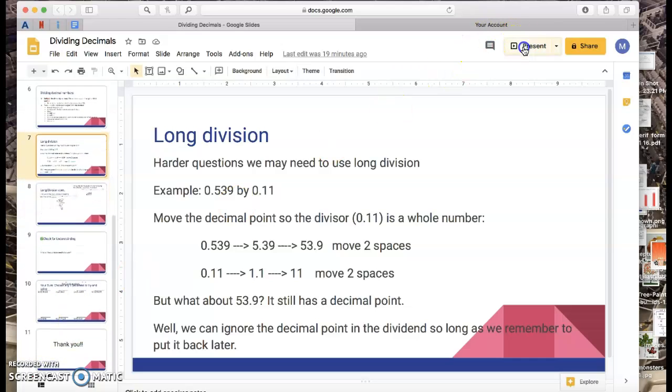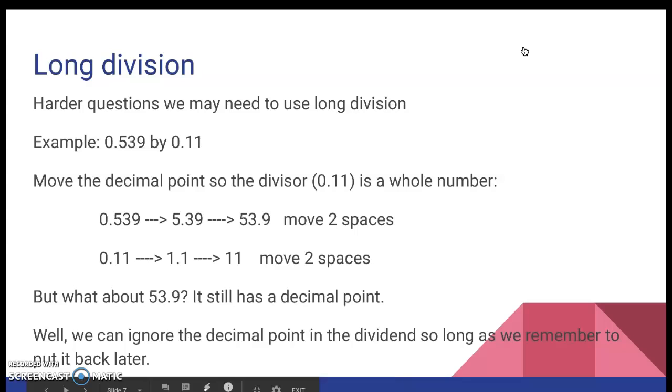long division. When we are using long division, it's not going to be used very often, because the only time we really use it is when we have harder questions, or when there are more numbers after the decimal point.